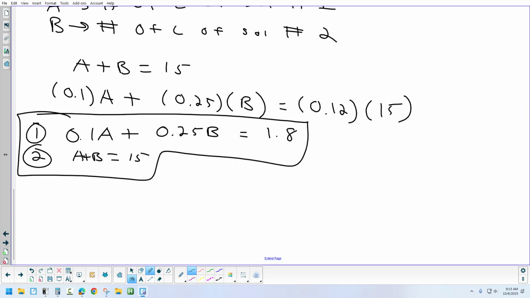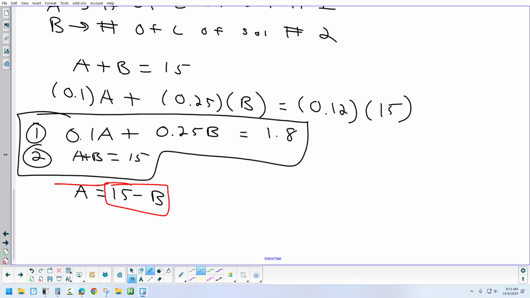I definitely think equation 2 is easier to get something by itself. What letter do we want to get by itself in equation 2? A. So that means you'd have to put the B on the other side. And how would you do that? Subtraction. Subtract it. Okay. So now we know A is 15 minus B. What are we going to do with this 15 minus B?